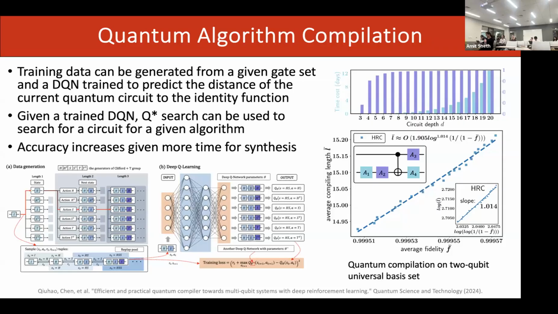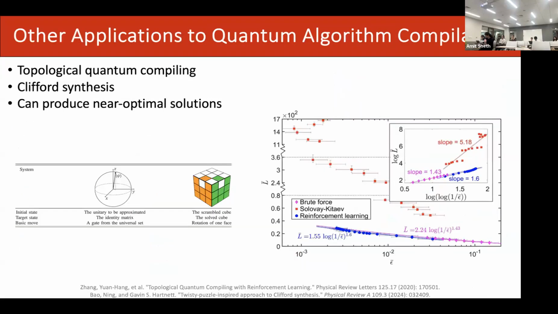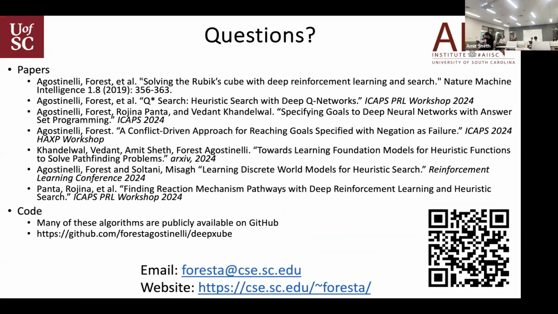And being able to find gates that are cheaper can yield algorithms that are more efficient. And so the cost of the gates can also matter as well. And in my research group we're working on how can you do this for any given gate set. So this is for a particular gate set, for a particular number of qubits. How can we generalize this to any given gate set? Okay, some more quantum computing stuff. All right, so that's all.